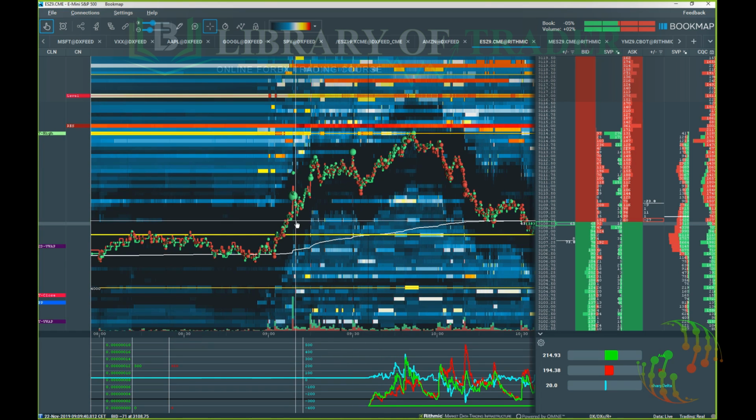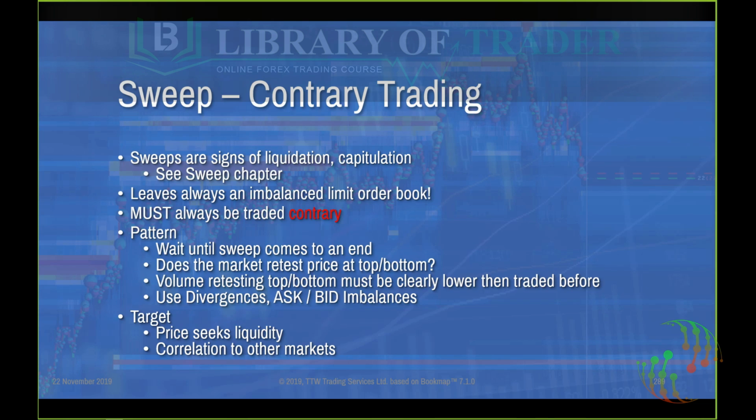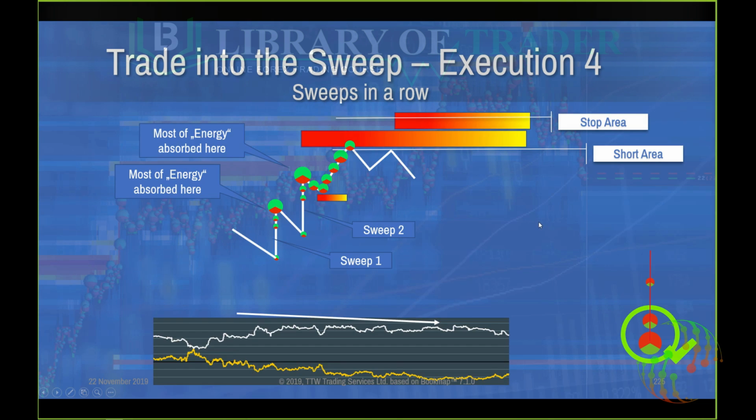Absolutely. When we're talking about sweeps, I showed you at least 4 variations of a sweep. The most common variations of a sweep you have in your presentation. Can you remember this sweep happens, then the next one, then the third one? We had a foil, and let me show you. This one. Execution 4, trade into the sweep.